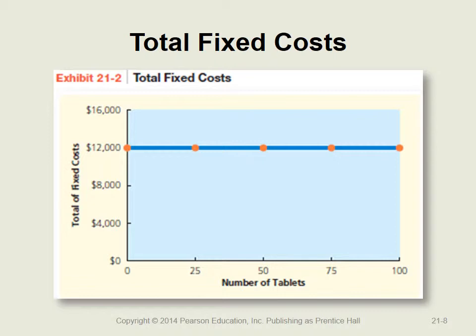Smart Touch Learning incurs $12,000 of depreciation each month, and the number of monthly tablets produced is between 0 and 100. As we can see in Exhibit 21.2, fixed costs are graphed as a flat line that intersects the cost axis at $12,000 because Smart Touch Learning will incur the same $12,000 of fixed costs regardless of the number of tablets produced during the month.